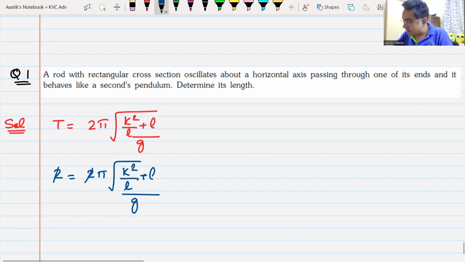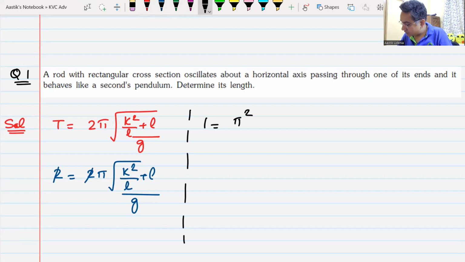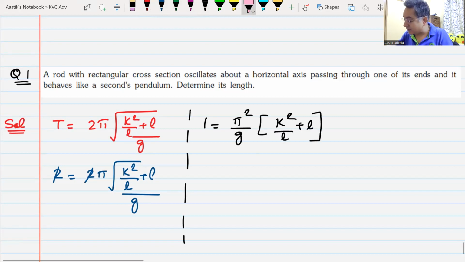If I square these two equations, 1 will be equal to pi square divided by g into (k square by L plus L). Remember a very important result, pi square is approximately equal to g. So now we have k square upon L plus L is equal to 1.